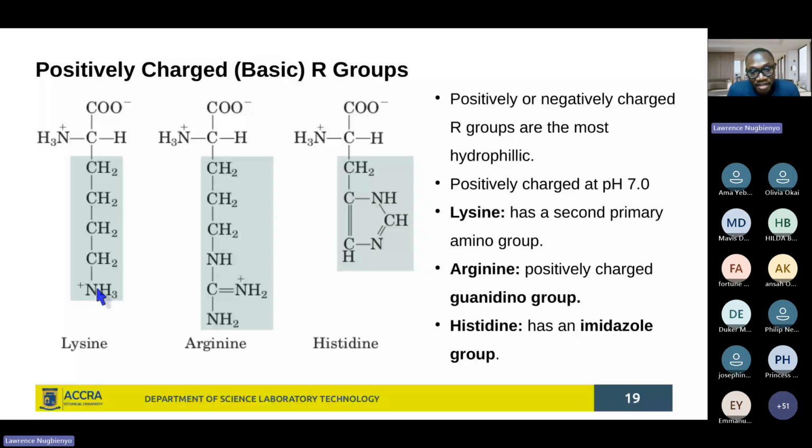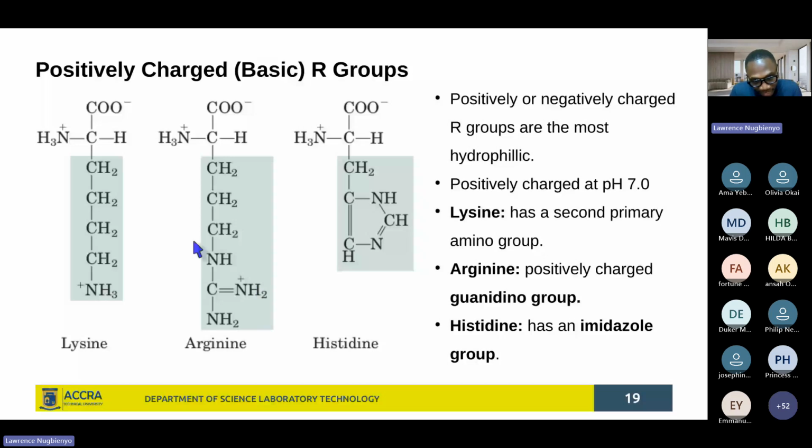You come to arginine. So arginine has what we call a guanidino group. The guanidino group is that group where you have a carbon bonded to nitrogen, bonded to carbon, and then there's a double bond N on it. Actually, let's take it from here.